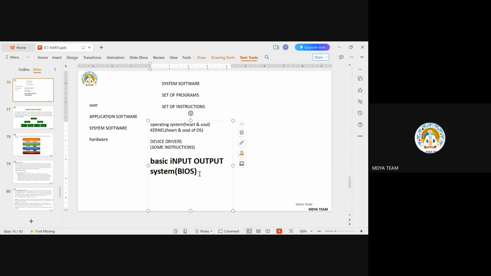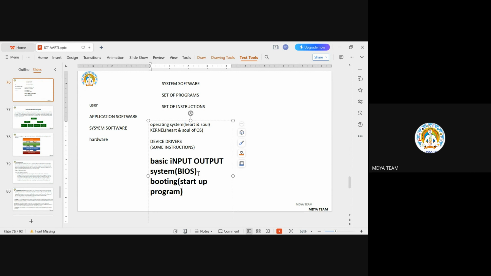So what is BIOS? In BIOS, the main program written is bootstrapping. Booting is the startup program. Understood? A program is a set of instructions.